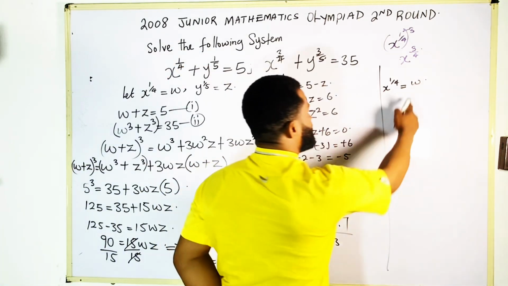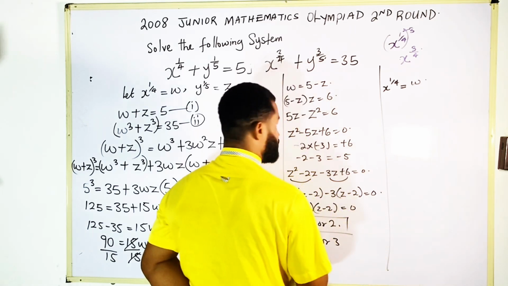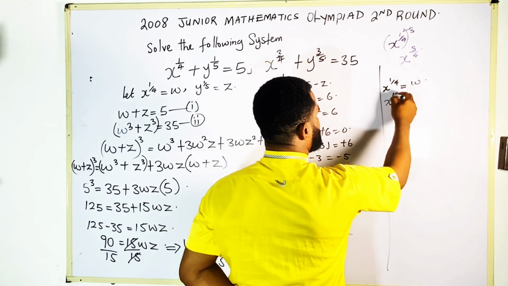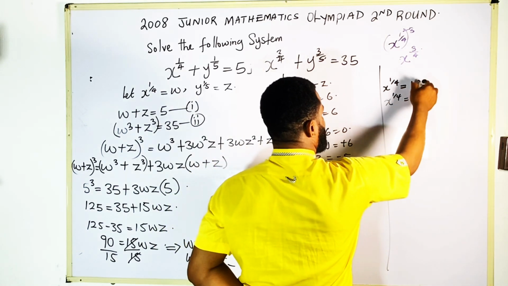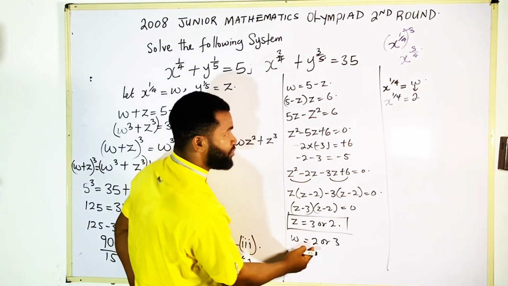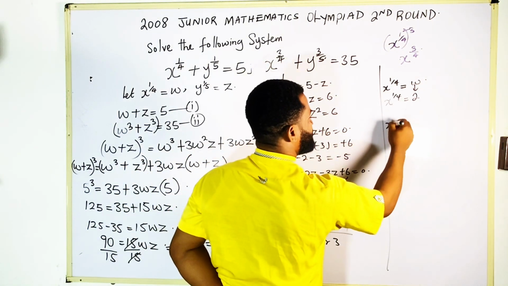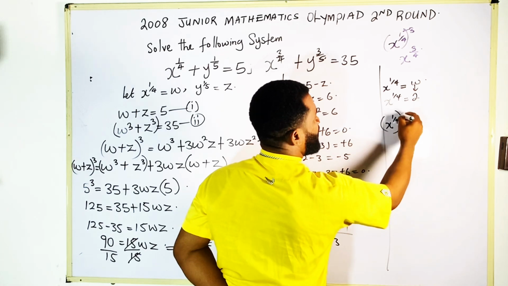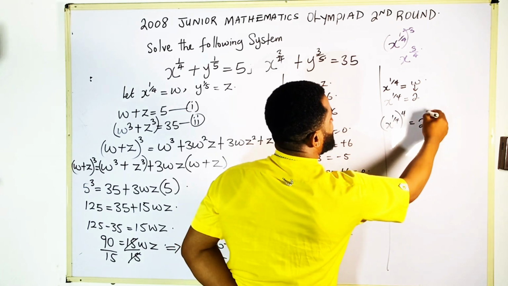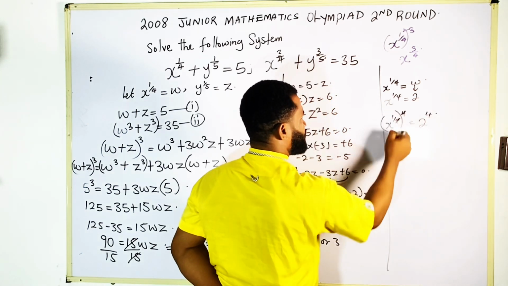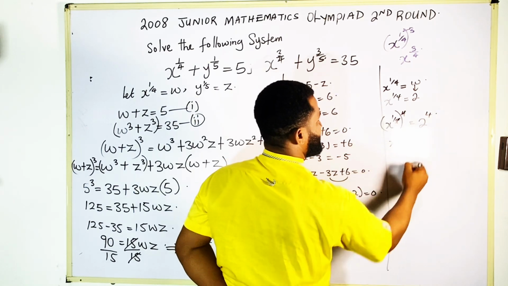Alright, so in this case, when w is 2, x raised to the power 1 over 4 is equal to 2. So x raised to the power 1 over 4, all raised to the power 4, is equal to 2 raised to the power 4. 4 cancels 4, and x is going to be 16.